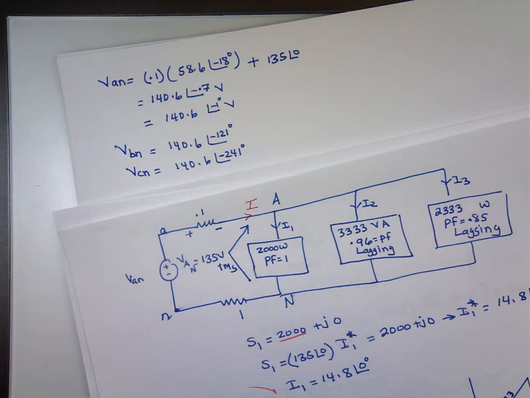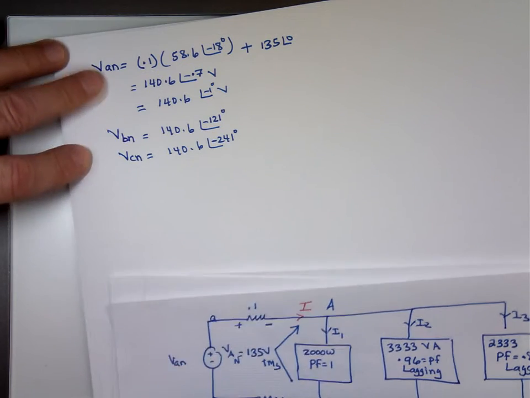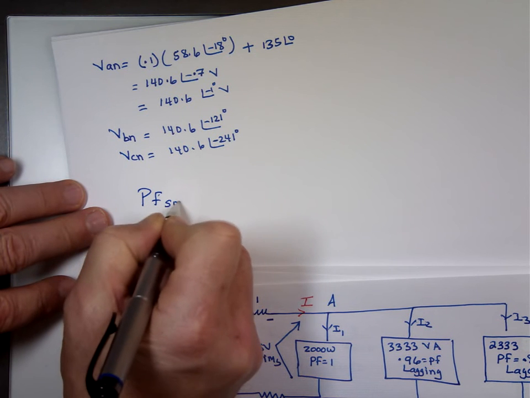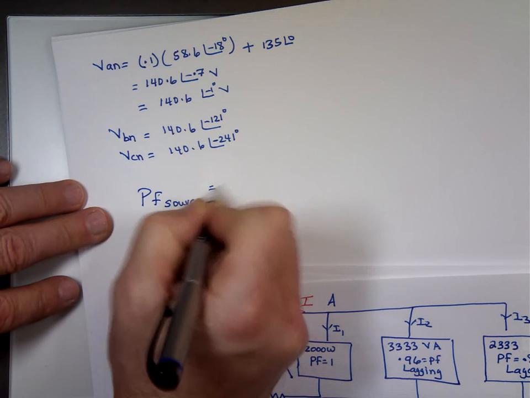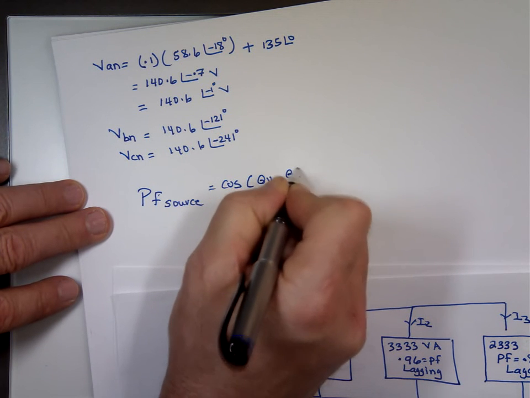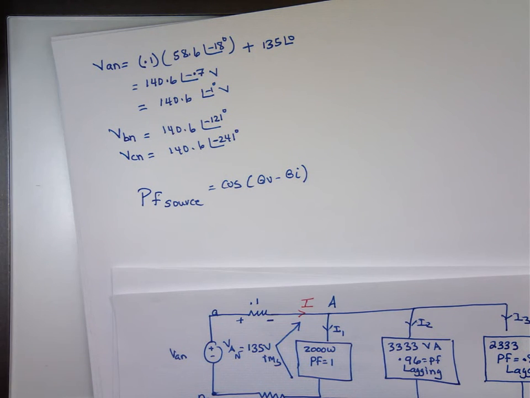And the last piece, the power factor at which the source is operating. Well, the power factor of the source is cosine of theta v minus theta I. I wish I carried more decimal places.